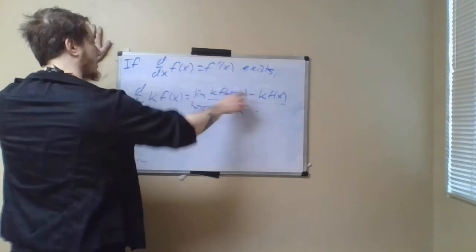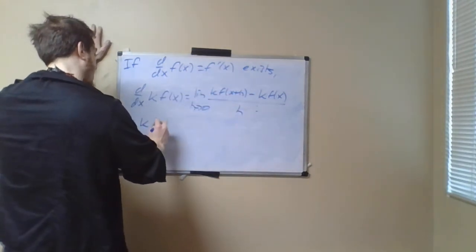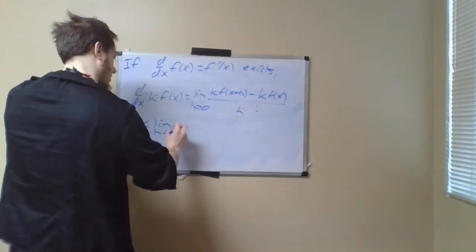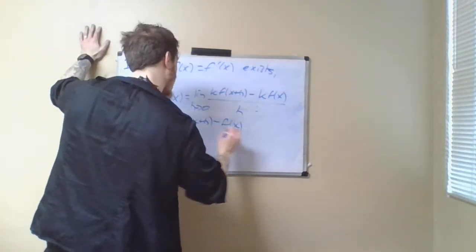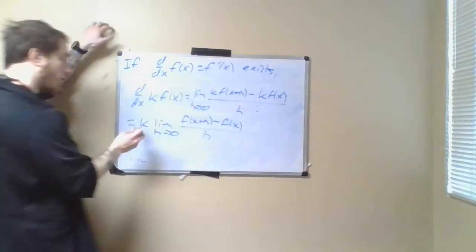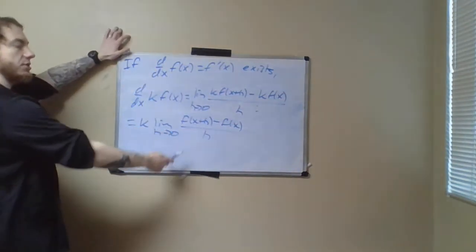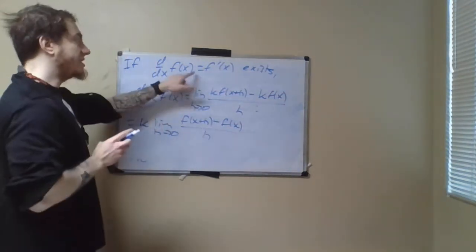But I can factor a k out of this and bring it outside the limit. And here I will write down what we get. But here, what we have is just k times the derivative of f, which we said exists.